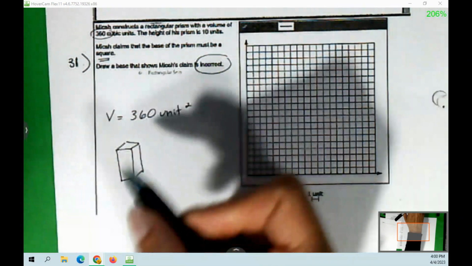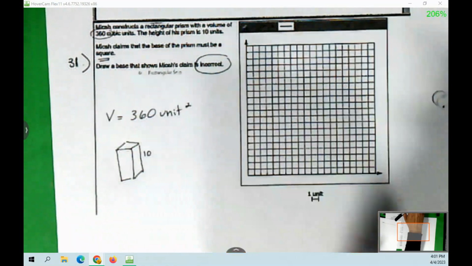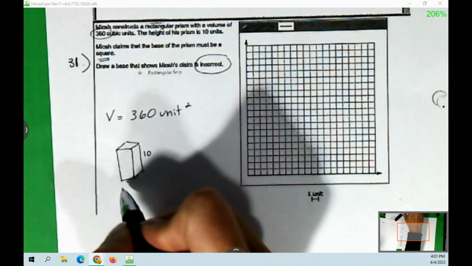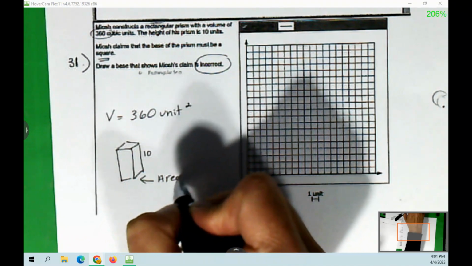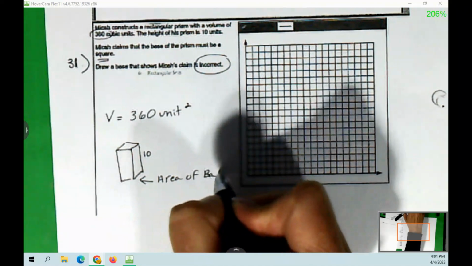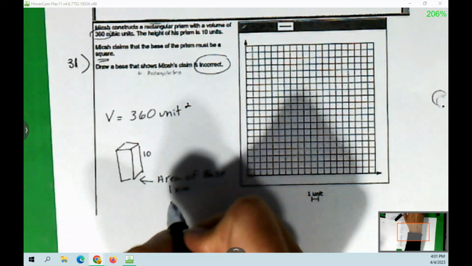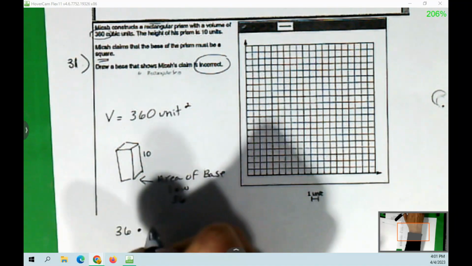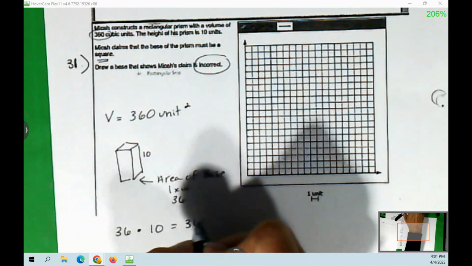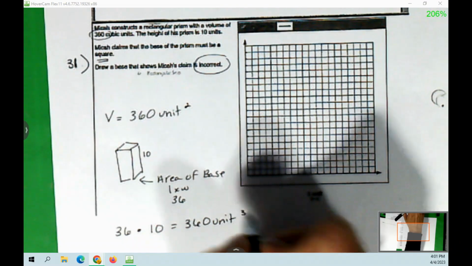Well, a cube is actually square all the way around, but right now we have a height of 10, which means that the area of the base, which is our length times width, is going to be 36 because we have 360 cubic units. So 36 times 10 is 360 units cubed.